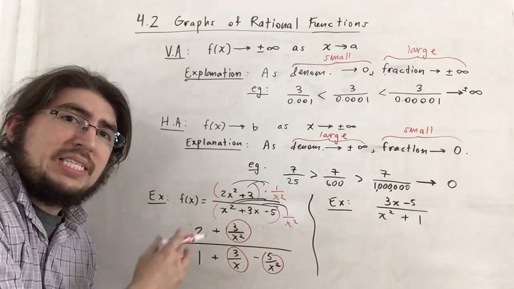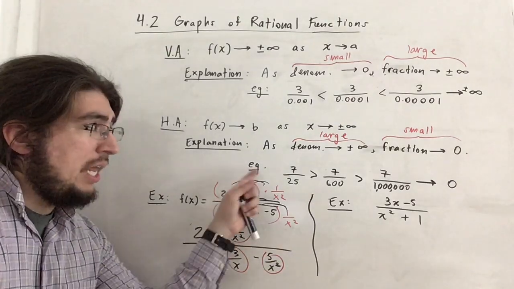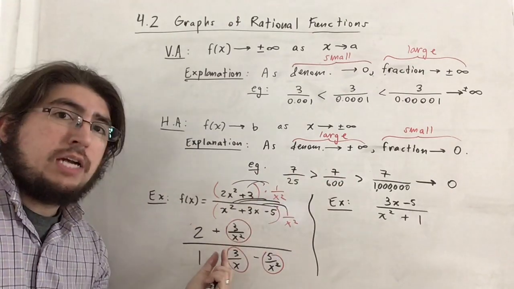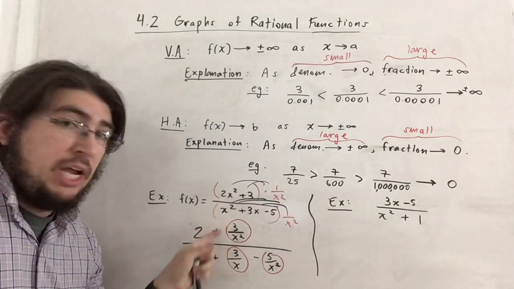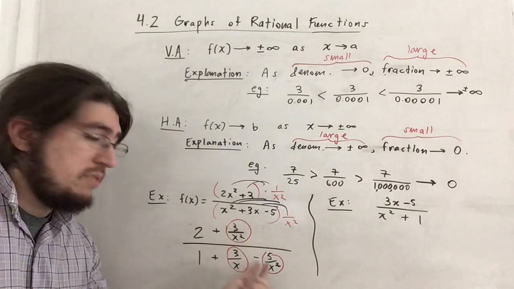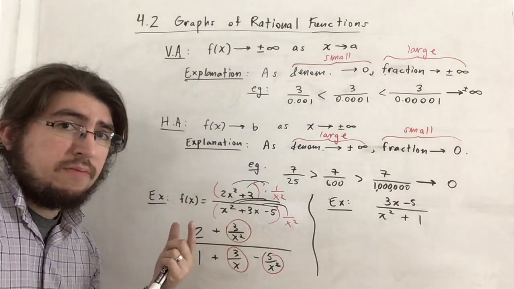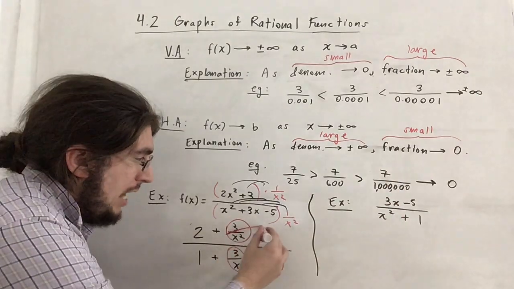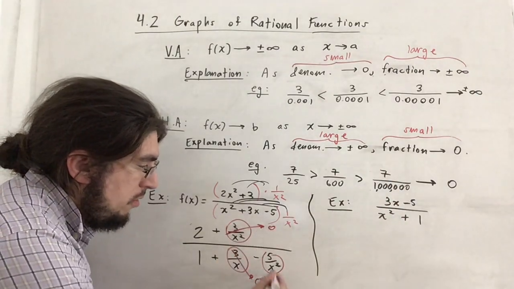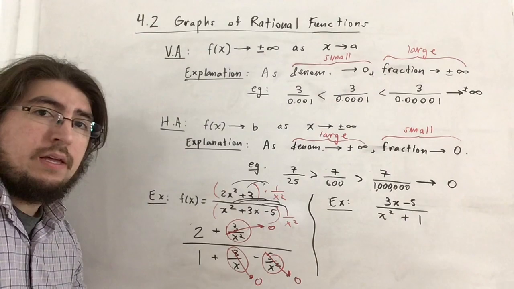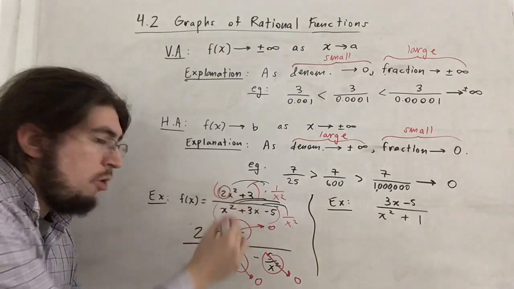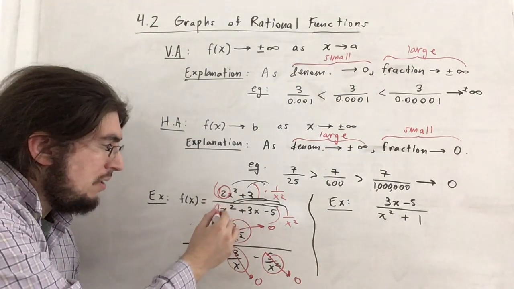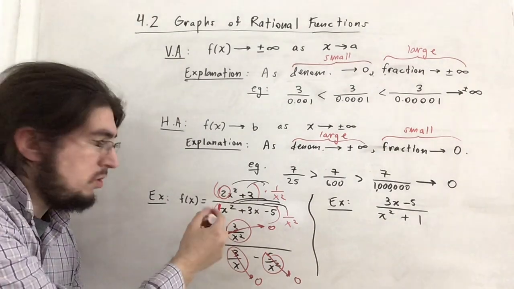Since x is going to positive infinity, like we saw here, the larger your denominator, if your numerator doesn't change, and notice here that numerators in each of these fractions are constant, they don't involve x, then the whole fraction will go to 0. So that'll go to 0, that'll go to 0, that'll go to 0. What are we left with? Just the original leading coefficient at the top divided by the original leading coefficient at the bottom, which is 1.